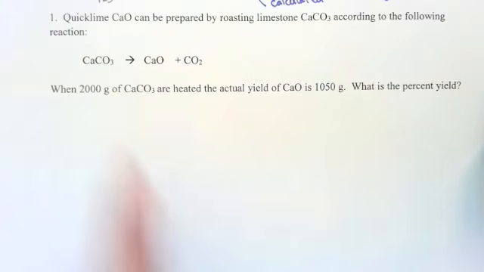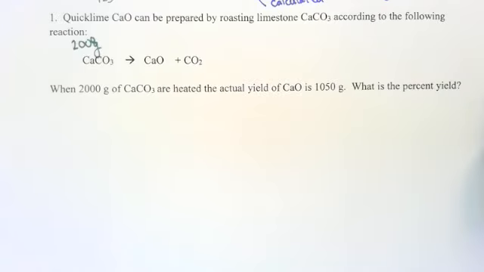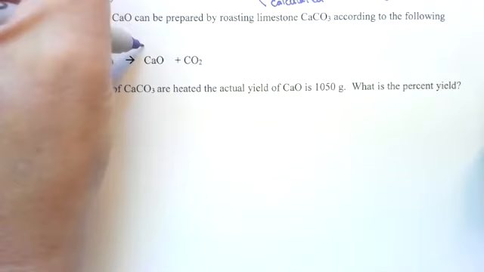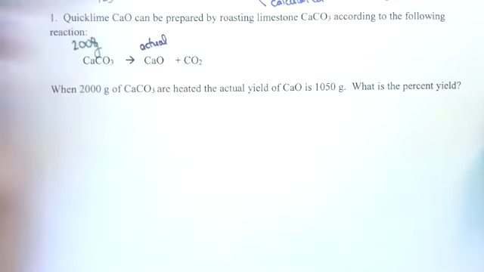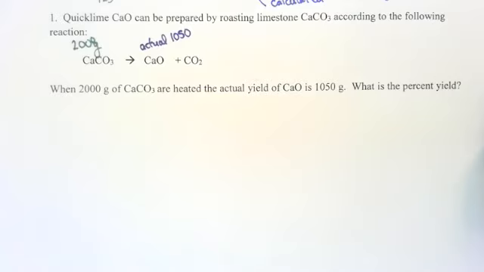When 2,000 grams of this, I'm starting with 2,000 grams of this, are heated, what I actually get of the CaO, so my actual, is 1,050. What is the percent yield?